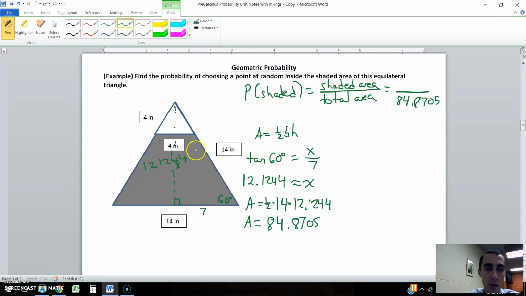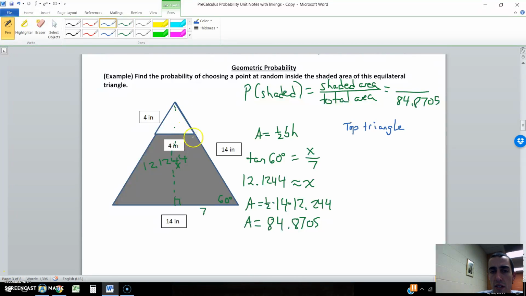Now the shaded area is a trapezoid, and there's a couple ways that we could do this. We could either find the area of the trapezoid, or we can find the area of this little triangle and then subtract it. So I'm going to pause here and give this one a little thought and then get back to you.